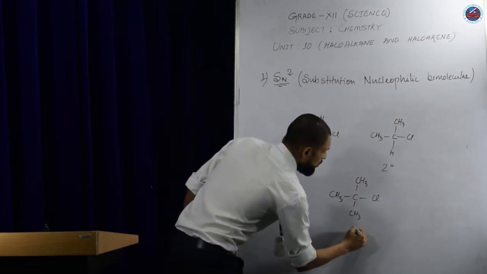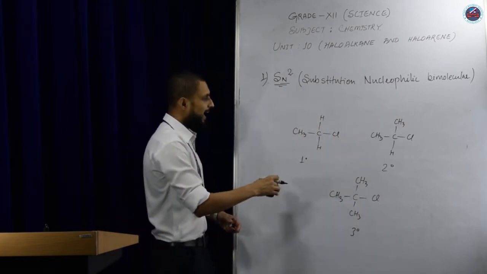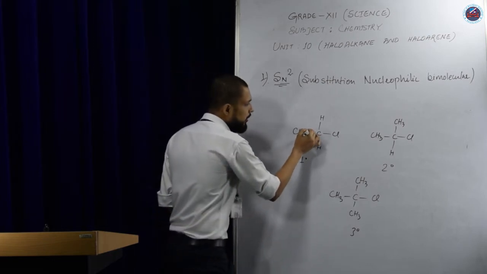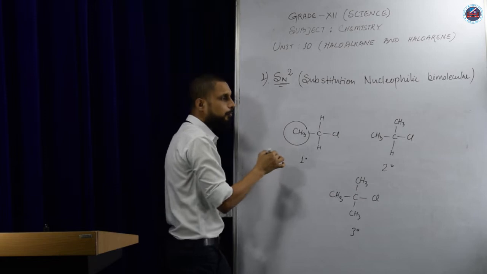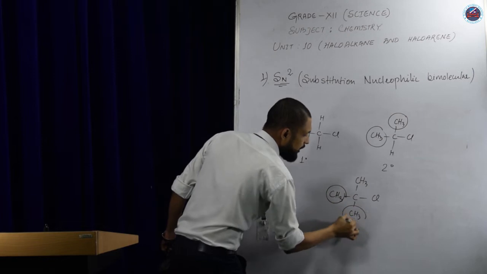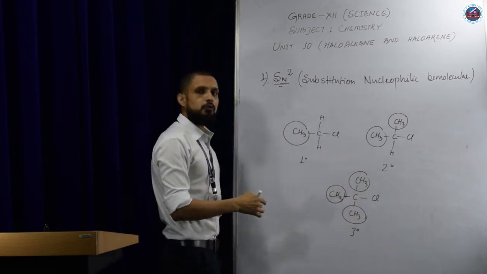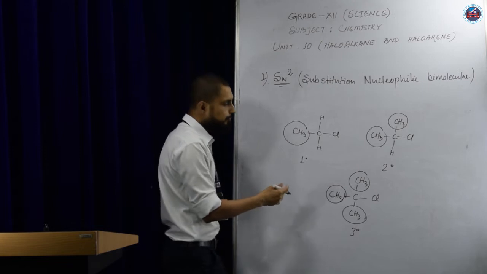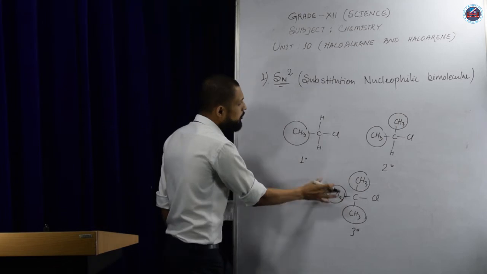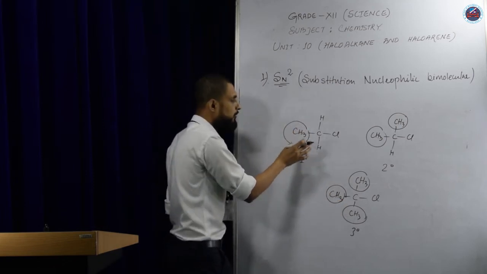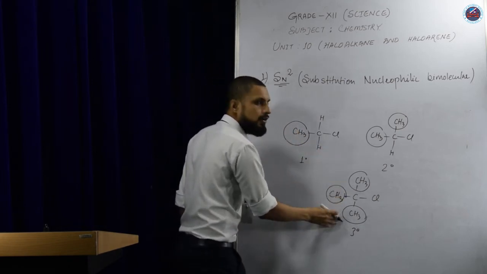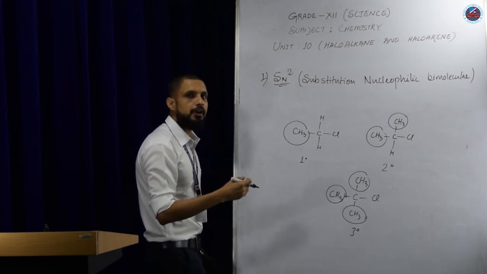Now, Sn2 involves backside attack of nucleophile on the partially positive carbon. Here you have 1 alkyl group, here you have 2, and here you have 3 alkyl groups. So when it comes to the backside attack, the steric hindrance will be maximum here, and minimum here. That is, 1 degree will have minimum steric hindrance, and 3 degree will have maximum steric hindrance.